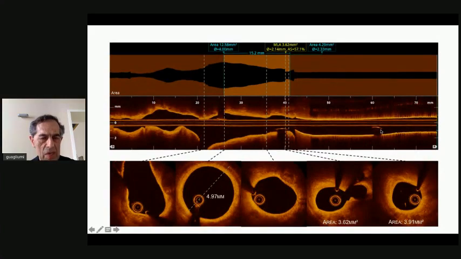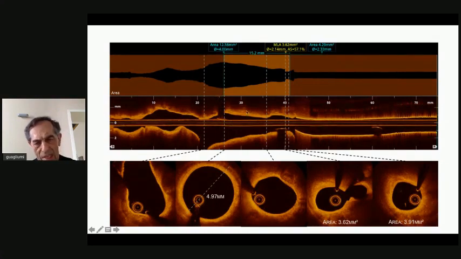We did one scan that was quite difficult considering the diffuse disease. Then you can see here is the bifurcation, clearly explained. Then we had this nice cross-section that was almost intact, and you can measure the EEL to EEL diameter of the left main.